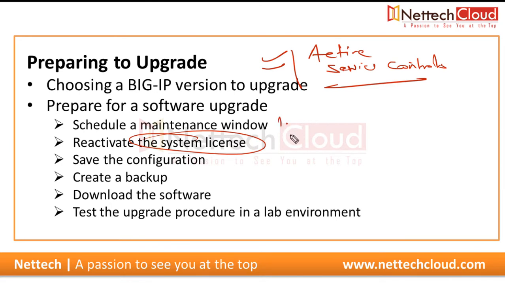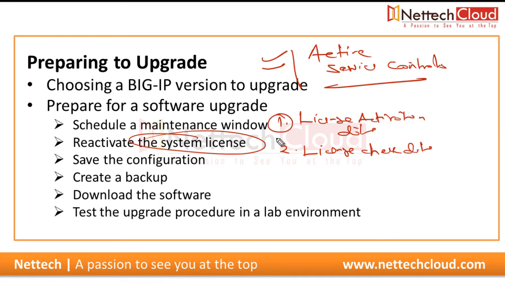Here I'm going to talk about two different terms. First is the license activation date, and the next one is the license check date. Understanding both is very important, because for software upgrade, the license activation date should be greater than the license check date.